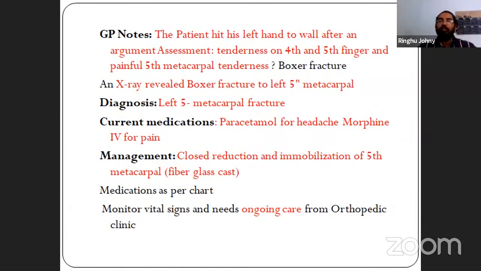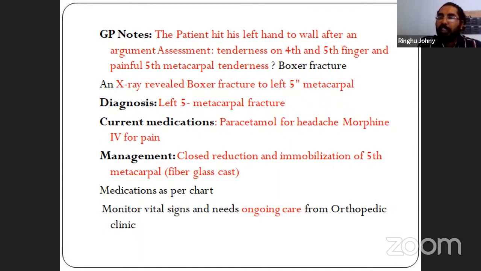I'll repeat again. The patient presented to emergency after hitting his left hand to the wall following an argument. On assessment, he had fourth and fifth finger pain and tenderness. Third sentence, X-ray revealed boxer fracture which confirmed his diagnosis. Therefore, he underwent the procedure and a fiberglass cast was applied for immobilization.